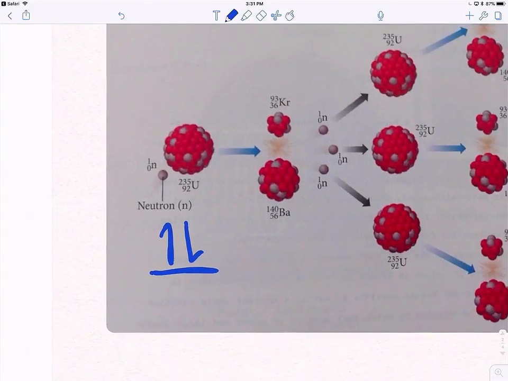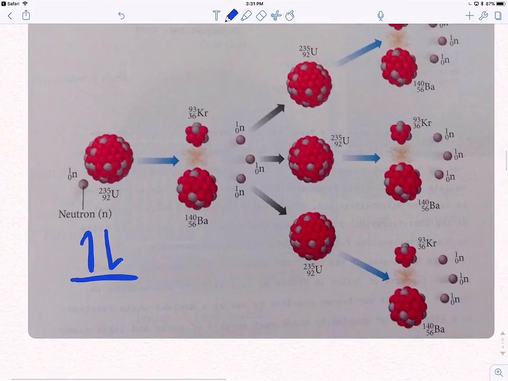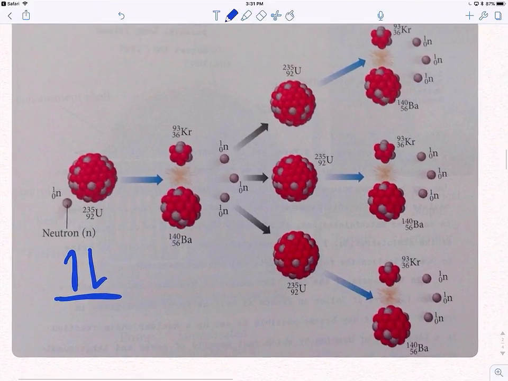These neutrons can go and find other nuclei, and then those split, and more neutrons are released, and then we have a nuclear chain reaction, meaning the nuclear fission is propagated. It can keep generating more and more fission, so it'll heat up and energy will be released. Uranium is a pretty good nuclear fuel.